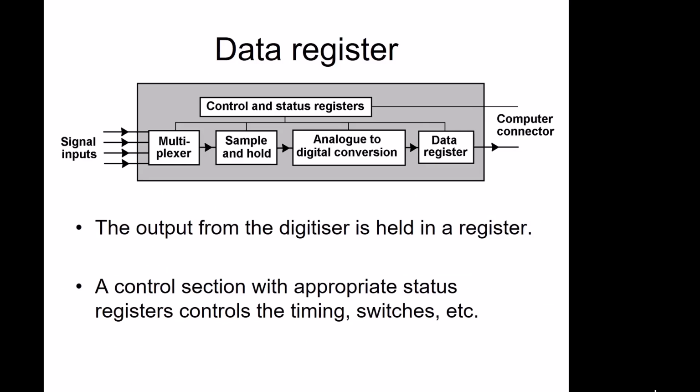We will look at the analog to digital conversion next, but once that is complete, the answer then goes to a data register, and the value is held in this data register until it's read by your computer program. There's a set of control and status registers to control all these different processes.